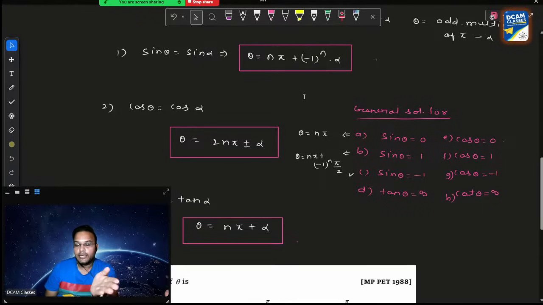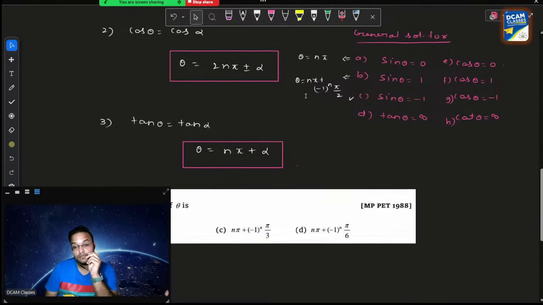You should actually write it in your notebook. It will be helpful.